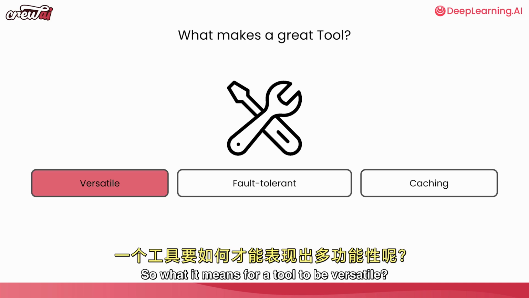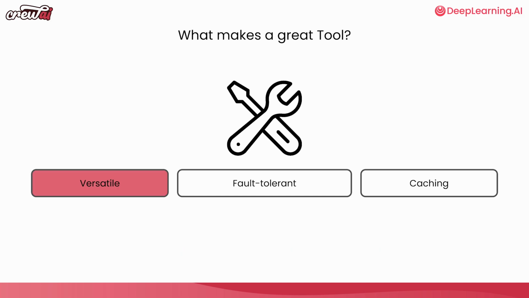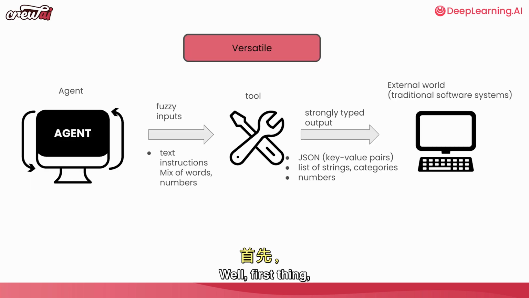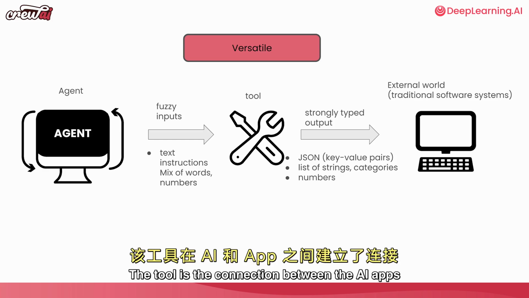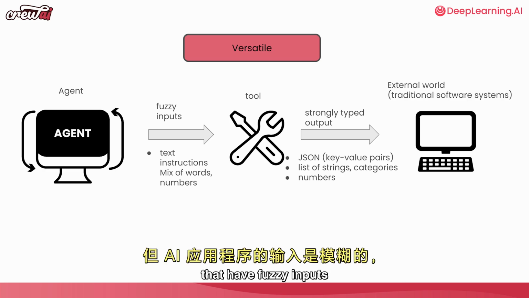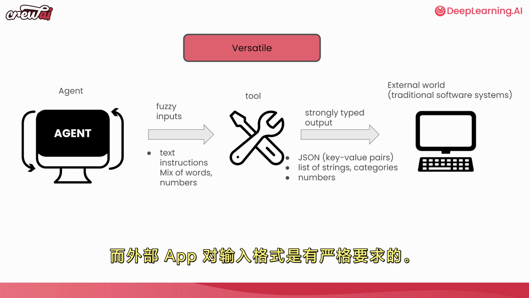So what does it mean for a tool to be versatile? Well, first thing, a tool needs to be able to accept different kinds of requests. The tool is the connection between the AI apps that have fuzzy inputs and the external world that has strongly typed inputs.